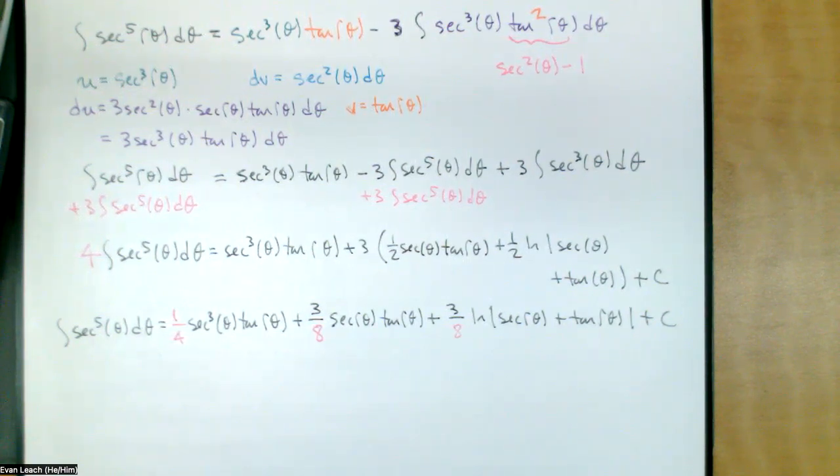So we suspect that the secant to the seventh will have some kind of secant to the fifth tangent, a secant cubed tangent, a secant tangent, and then this natural log of secant theta plus tangent theta. Only thing we have to sort out is what the coefficients would be, because the coefficients seem to be doing some stuff.